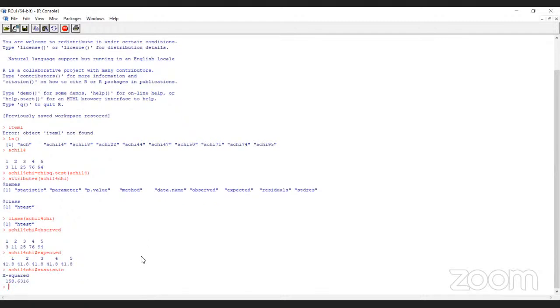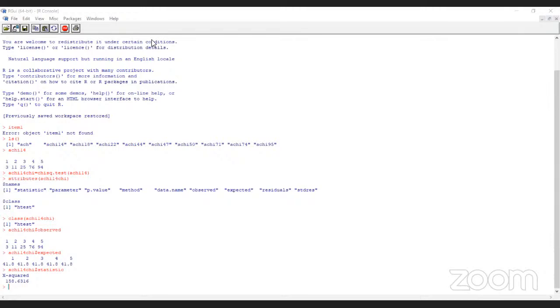So that is your chi-square value. So the chi-square value is very high. So why is the chi-square value high? Because your expected frequency is 41.8, and the observed is very low. Yeah.